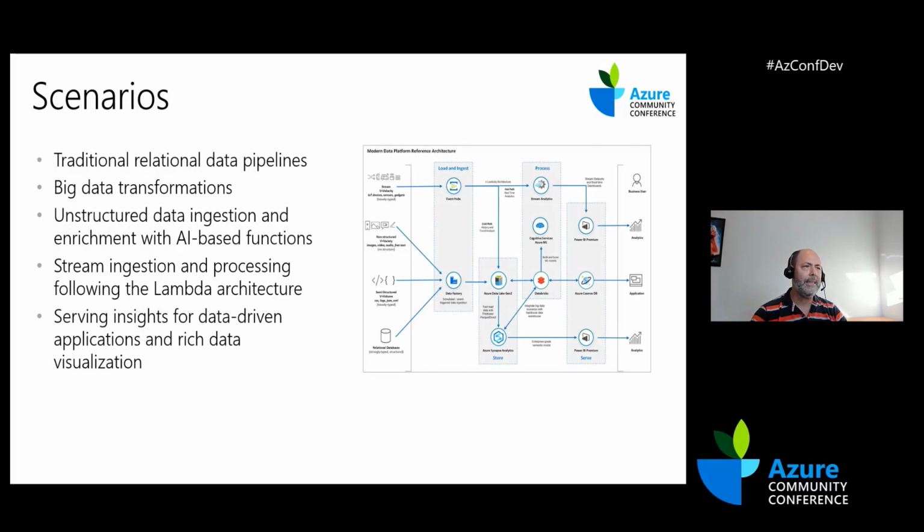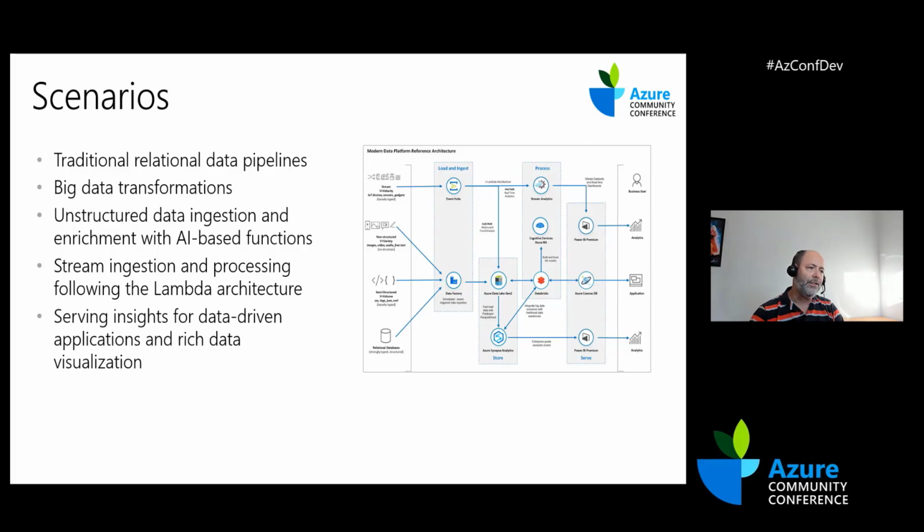When we dig a little bit more into the different kinds of scenarios, we can consider traditional relational pipelines, for example, the same that we may have today in our environment serving our critical application, right? But in Azure, big data transformations, unstructured ingestion, and AI-based functions, right?